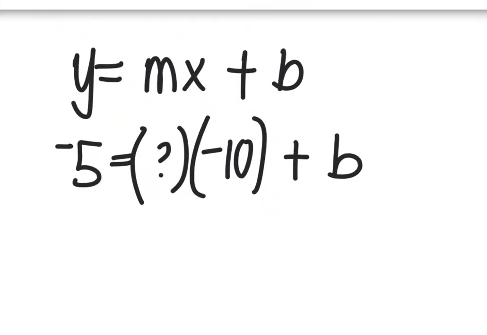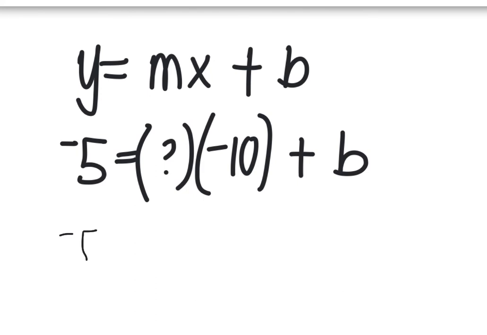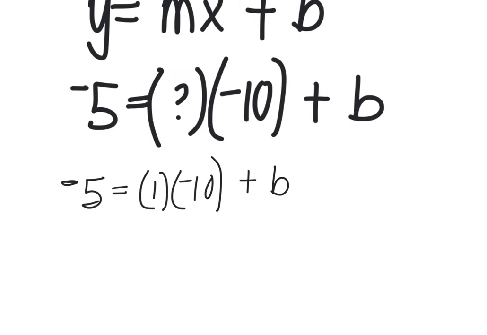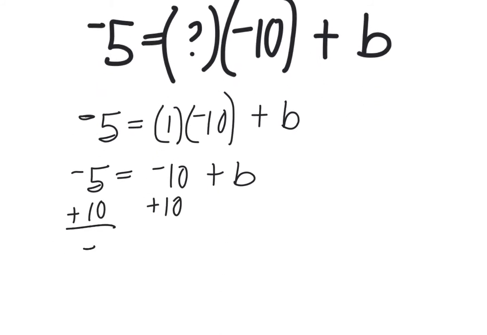I'm going to come right here and say now -5 equals, let me see if I can change that -5. There we go. -5 equals the slope of 1 times -10 plus b. And I'm going to end up finding out what b equals. I can add 10 to both sides to get 5 equals b.